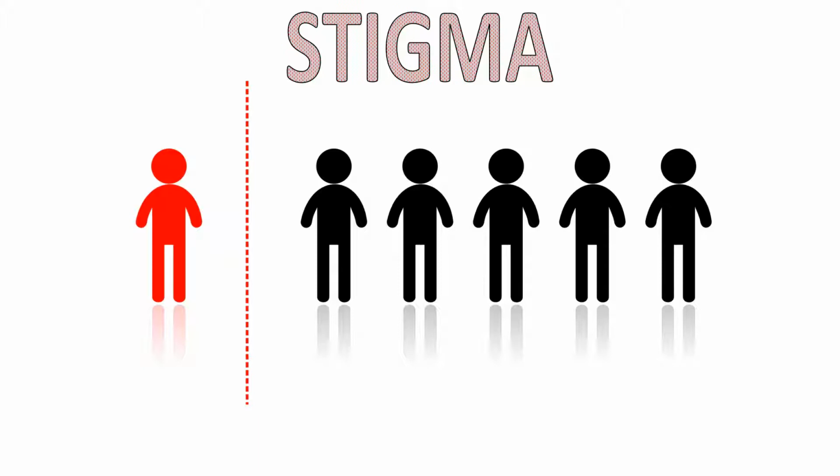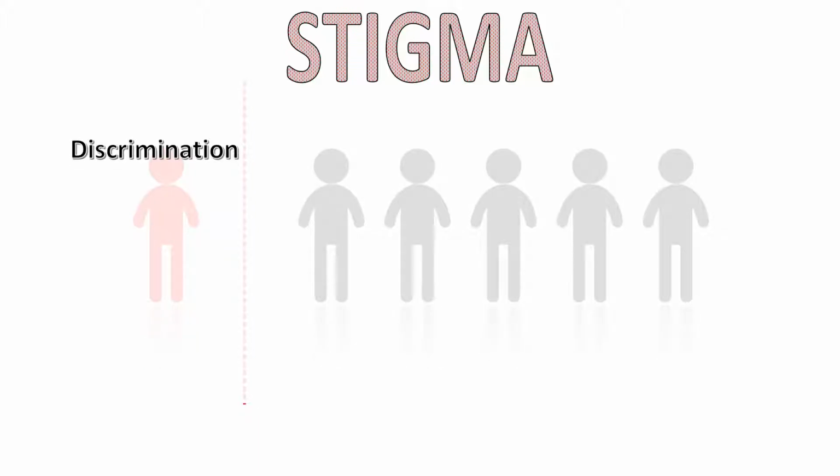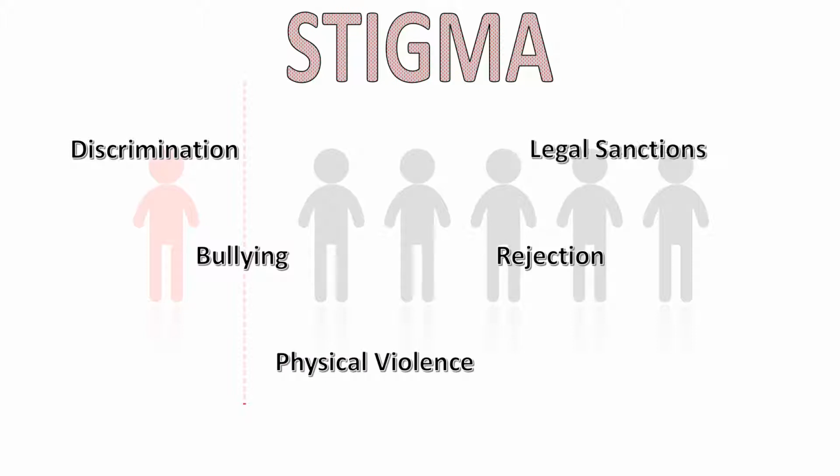Stigma, by definition, is a mark of disgrace associated with a particular quality or of a person. And so stigma are typically negative and usually unfair beliefs about people. And so LGBT people in American history and still today are stigmatized, right? They're seen as different than non-LGBT people.